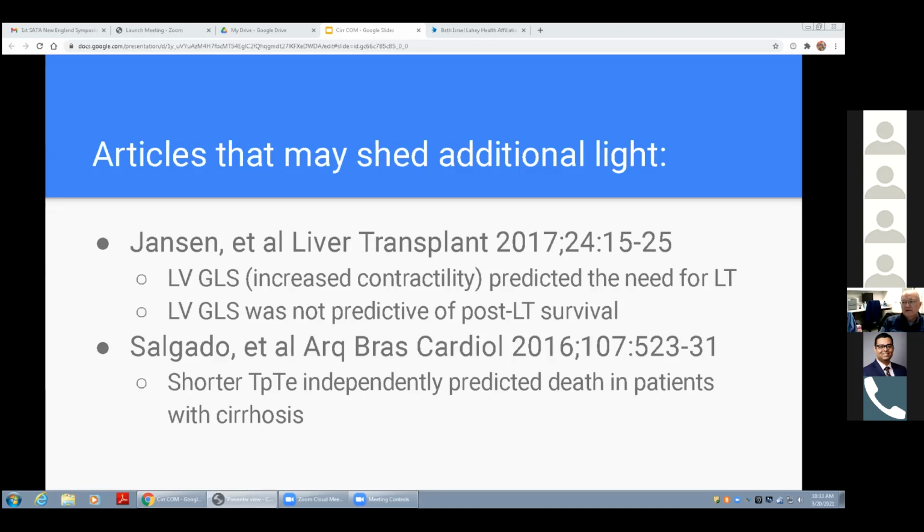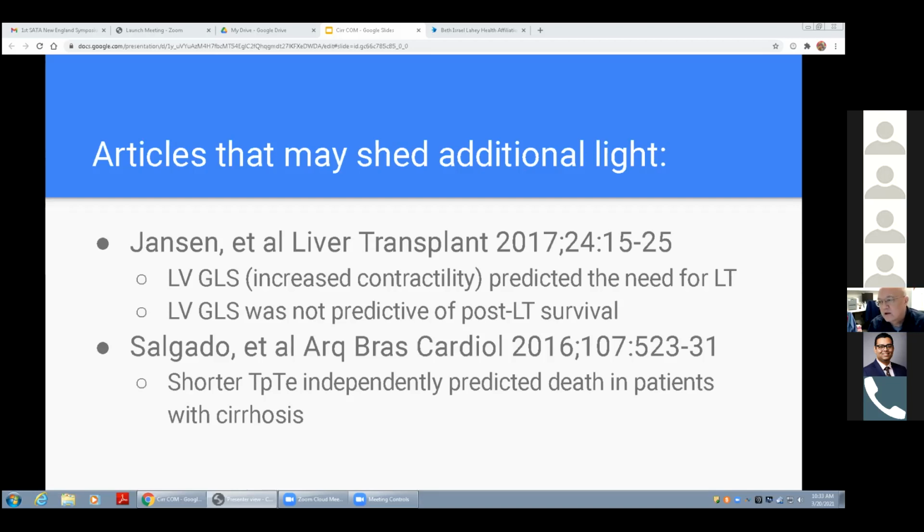Maybe just reflecting, just like the first article, the possibility that some cirrhosis-related changes in the cardiovascular system reverse after liver transplantation. So it brings up the possibility that there are markers of cirrhotic cardiomyopathy that may be used to identify patients who will do okay or maybe even better with transplantation.